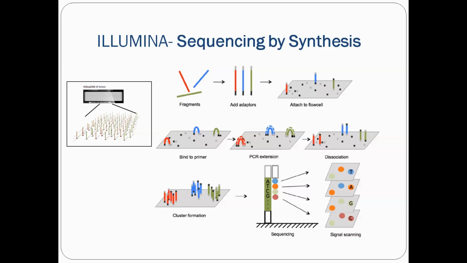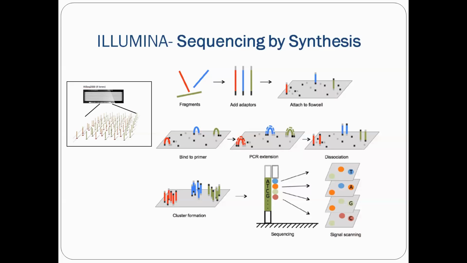In this process, the strands bend over and the adapter region hybridizes to the second type of oligo on the flow cell. So this is how the two types of oligos present on the flow cell are utilized during these two steps. Polymerases also generate the complementary strand and form a double-stranded bridge.